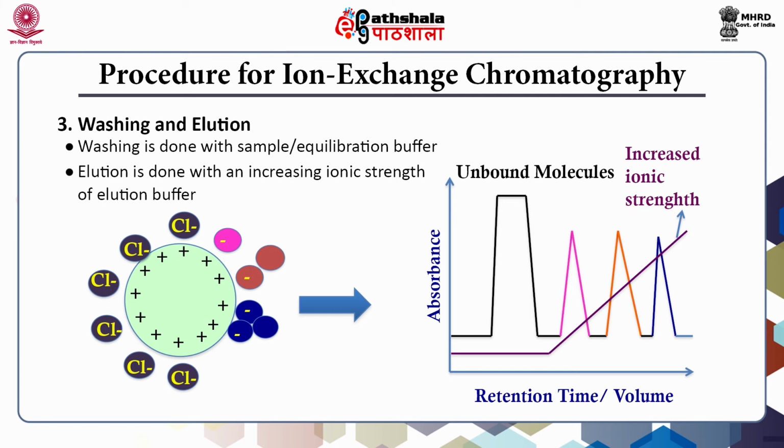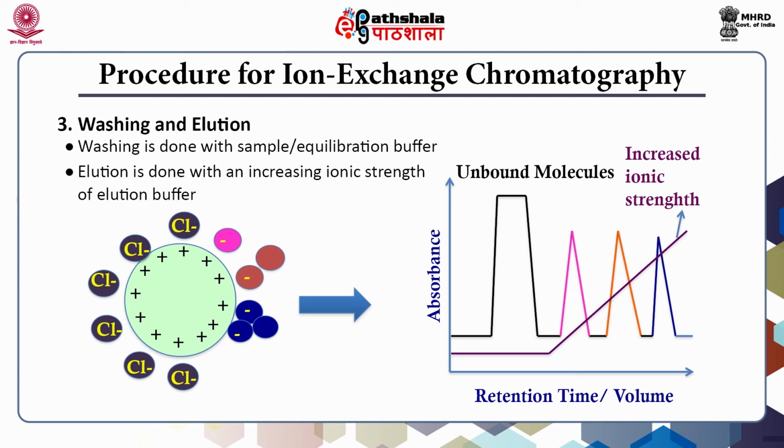As we increase the ionic strength, based upon the number of charges present on the proteins already attached to the surface, they will be eluted out. For example, the pink ball, or one protein molecule represented in pink, has only one negative charge, and this particular molecule can be easily replaced by a minor increase of the ionic strength.